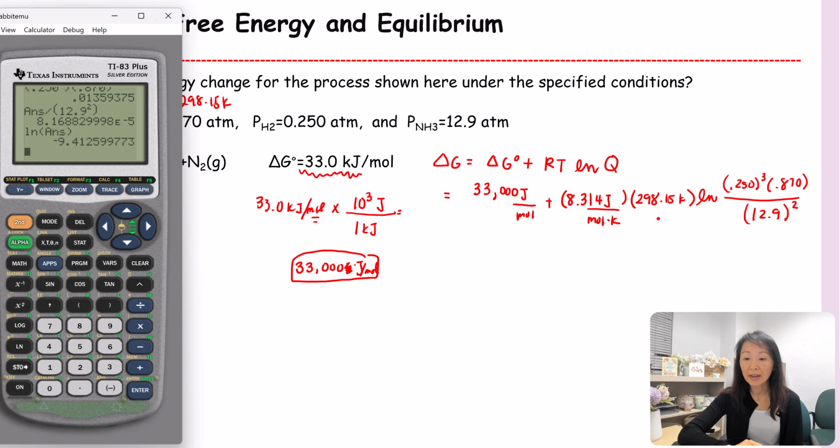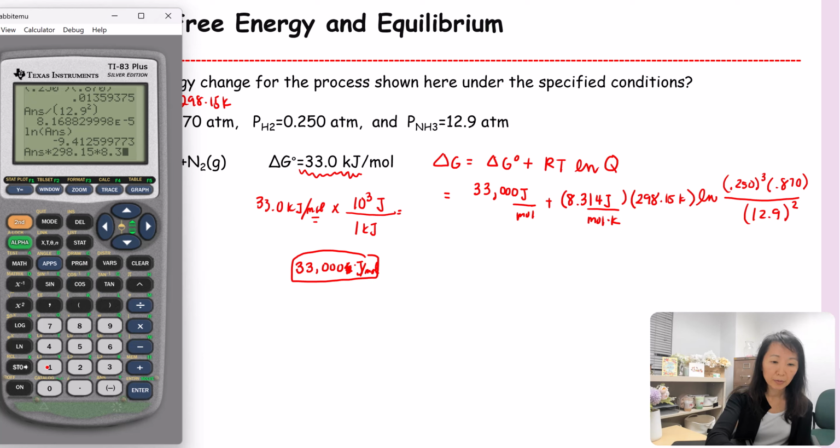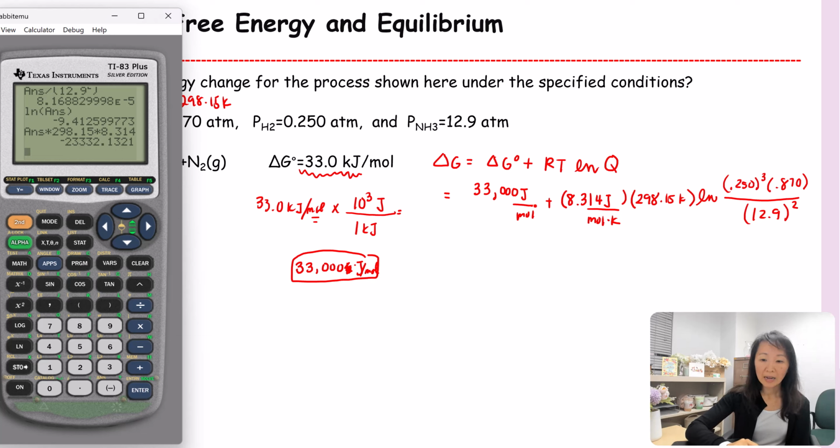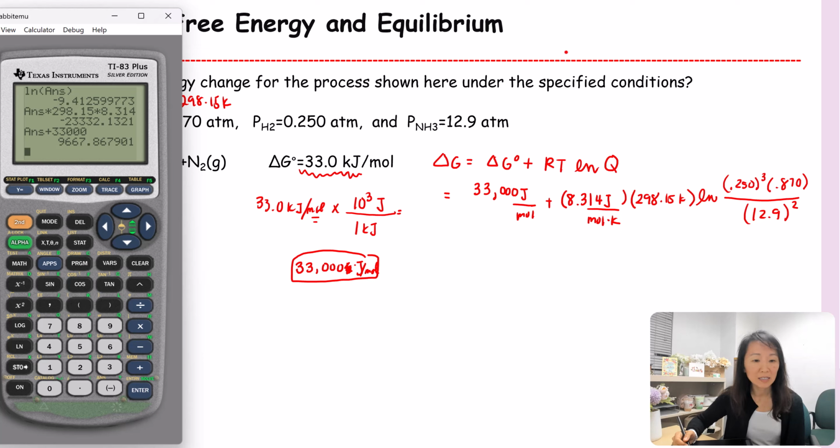Now I will multiply by the temperature and the gas constant. So first the temperature, 298, working backwards here, times 8.314, okay? And added to the 33,000. And I get 9,667.